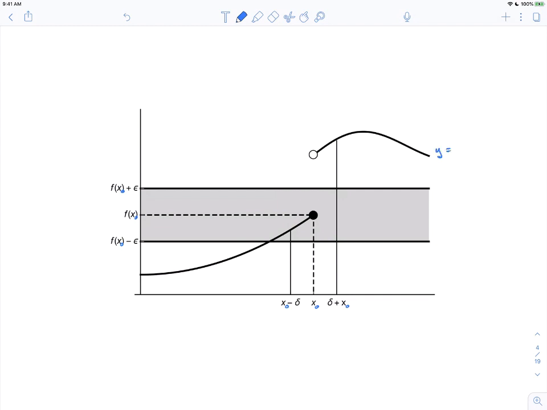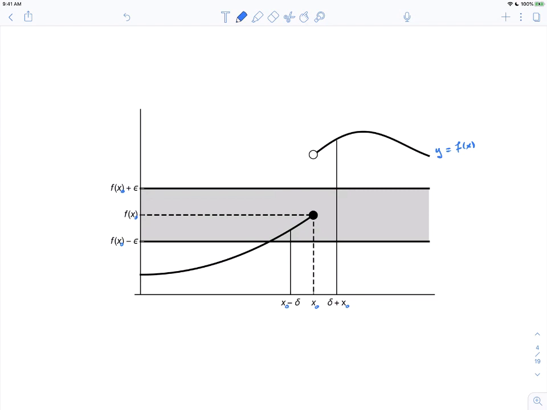So this is y equals f of x. There are two pieces to this function. There's a definition for all x less than or equal to x naught, and then there's another definition which seems to be used for all x greater than x naught. So what about at x naught?